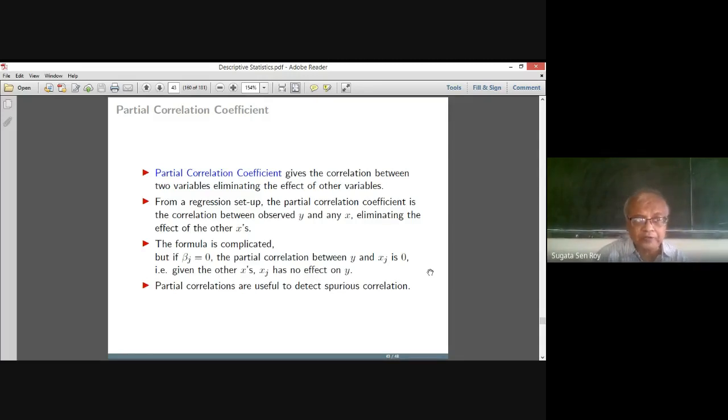If the individual coefficient is 0, that means that x, irrespective of the other x's, does not explain y. So partial correlation is the same thing as looking at individual betas being equal to 0.